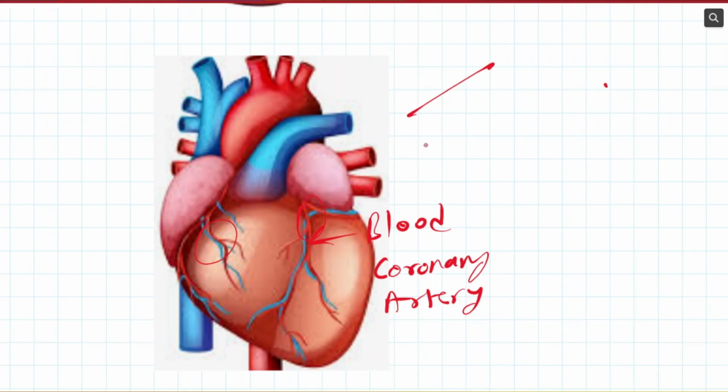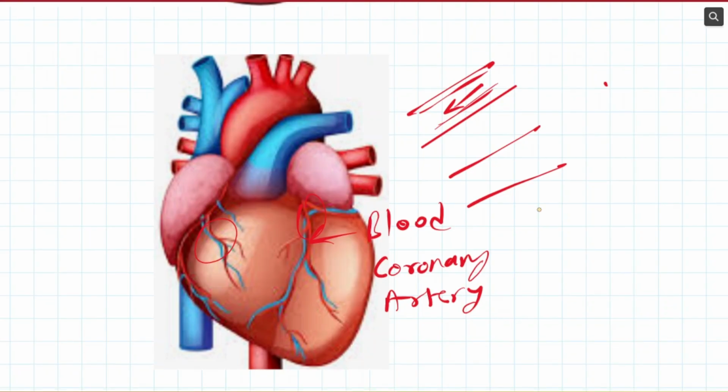Suppose this is the coronary artery which is supplying blood to the heart, and it has this much lumen for blood flow. But due to deposition of cholesterol, suppose this is the cholesterol deposition, what will happen here?